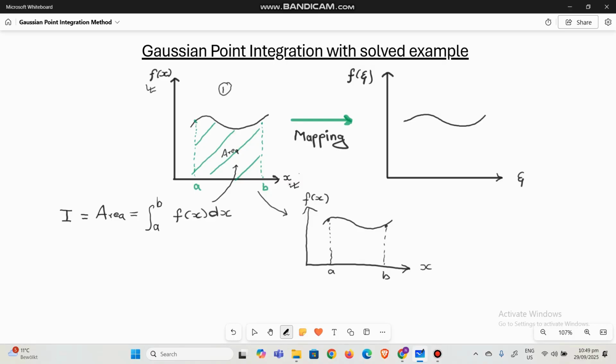Gaussian point integration says that, okay, under this curve, let's take some arbitrary points. For example, let's take 2 points under this curve. Let's say this is point A, and A is already given. So let's say this is x1, and this is x2, which are 2 points we took in between A and B. Now, with the help of these 2 points, we are going to approximate the area under this curve.